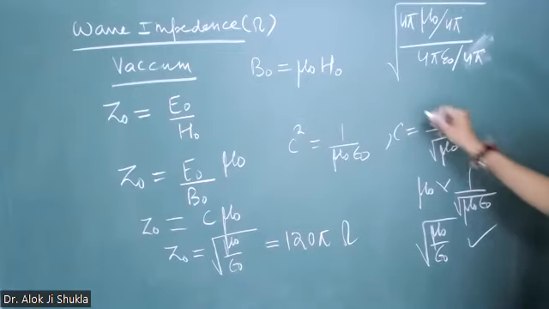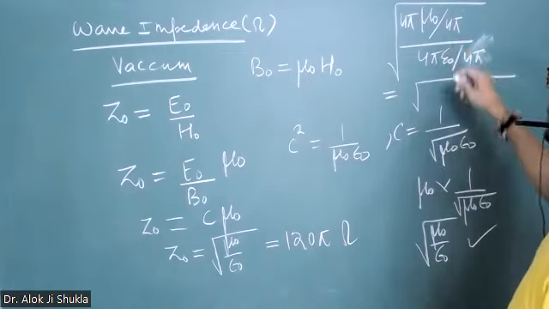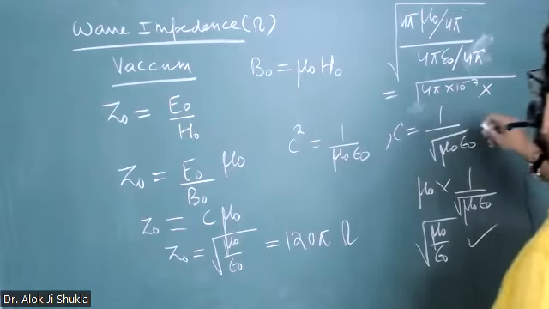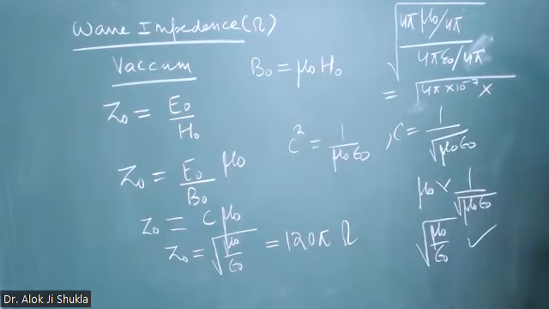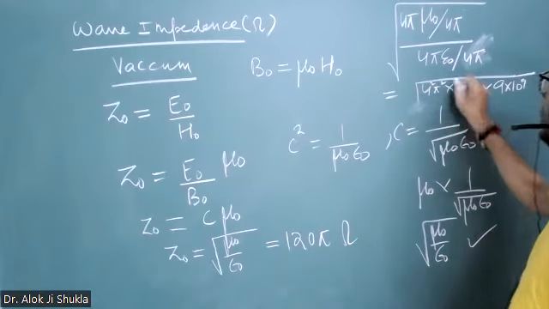So it will become under root of, ये कितना होता है म्यू नॉट बाई 4 पाई? 10 to the power minus 7 into 1 upon 4 pi epsilon naught, 9 into 10 to the power 9, into 10 to the power 9, and यहाँ पे क्या आ जाएगा 4 square pi square, right?